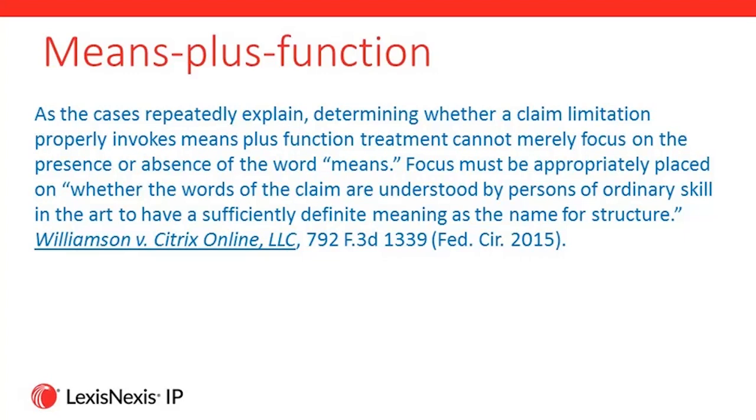Yeah. Now, we do have one comment here that makes a good point. He agreed with using all the tools in the toolbox, but said there probably needs to be a caution: remember that means plus function claims are so broad and bring everything in from the specification, so it can be a little easier to invalidate them or have the examiner not allow them.